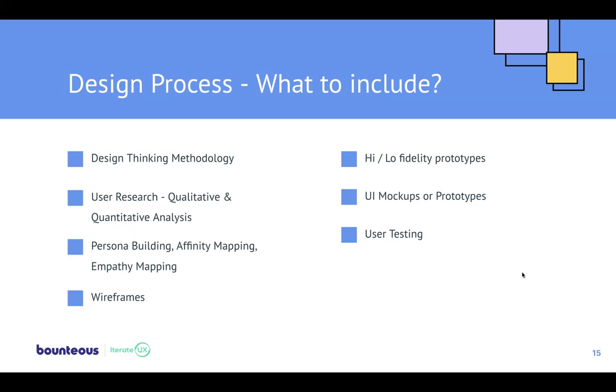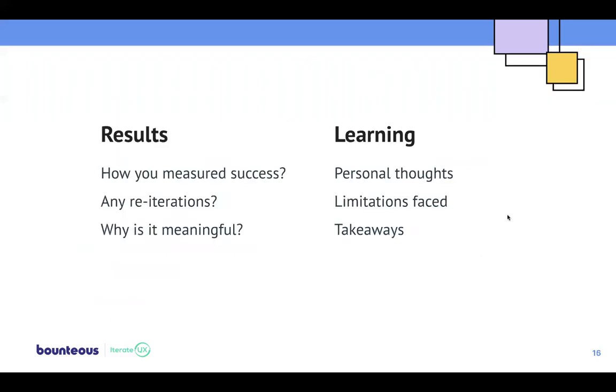Okay, so moving on to the next section, which is results and learning. Results is, again, very important in a case study. It's not just writing a problem statement, mentioning what you did, how you did it and why you did it. How did you measure the success?